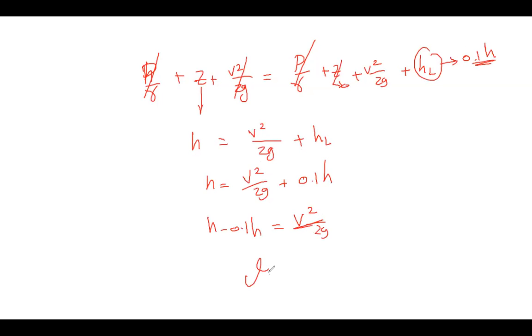So V equals the root of H minus 0.1 H times 2G. This is what we write in the equation: H minus H losses times 2G. And continue again, Q equals AV, but we multiply the area by the new velocity now. Clear? Yes. Okay. Finished with the whiteboard?